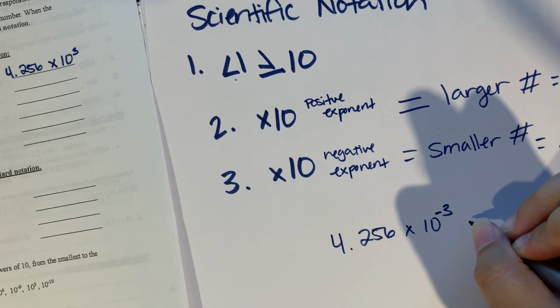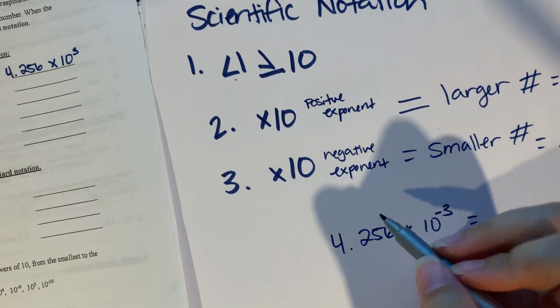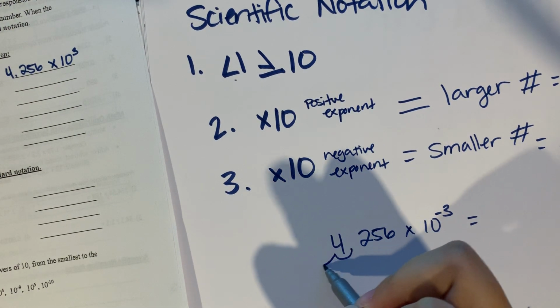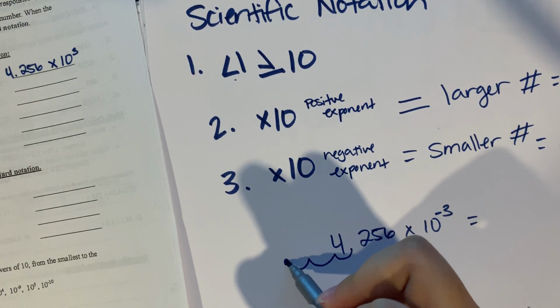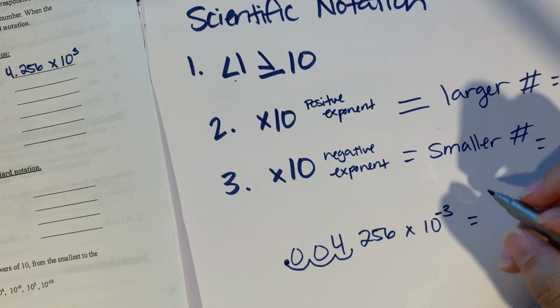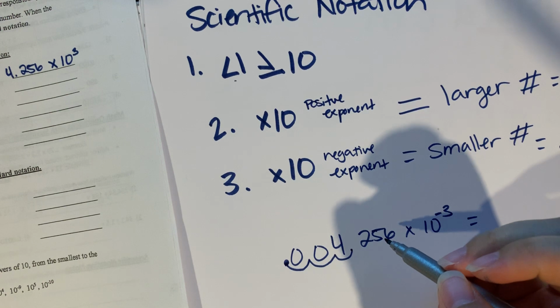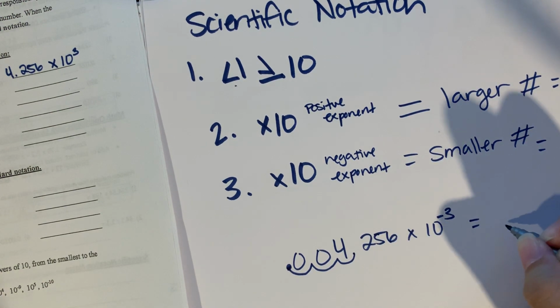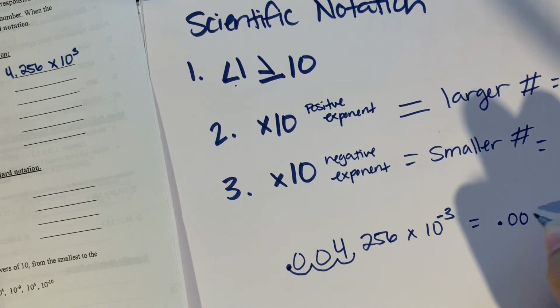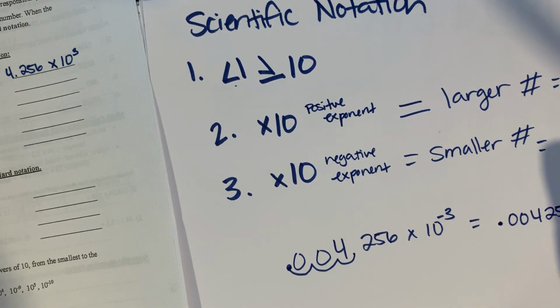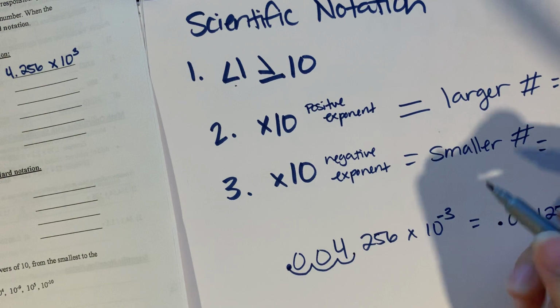So all you would have to do to put it into standard form is go 1, 2, 3. Add your zeros. So the standard form for 4.256 times 10 to the negative 3 would be 0.004256.